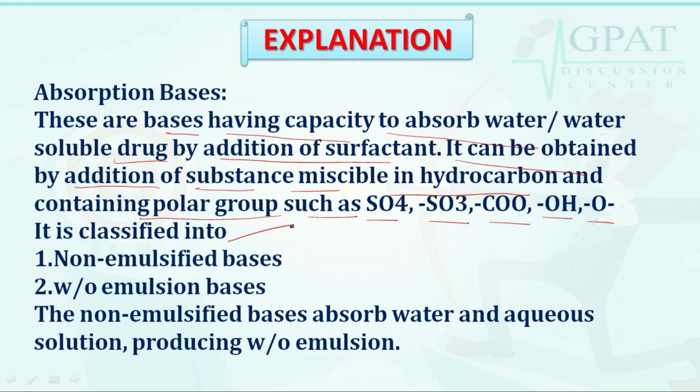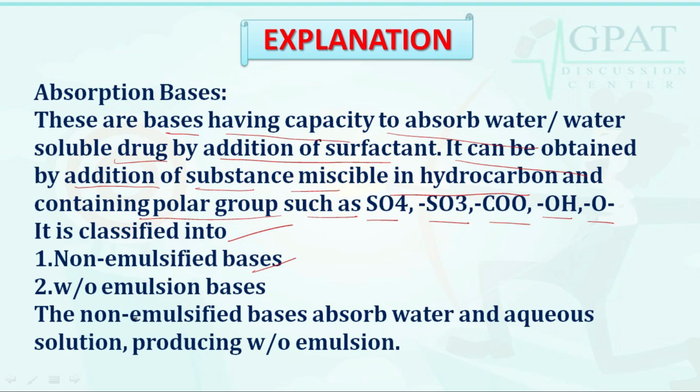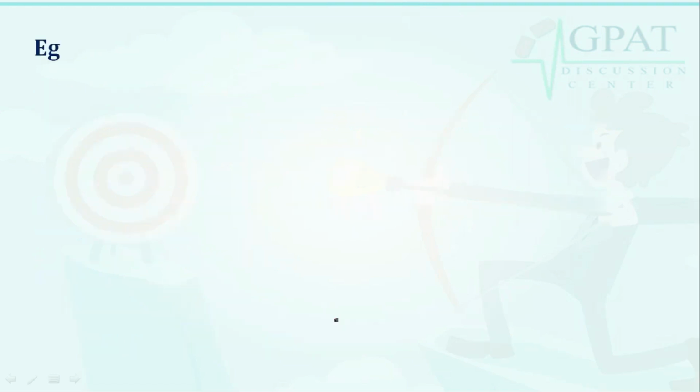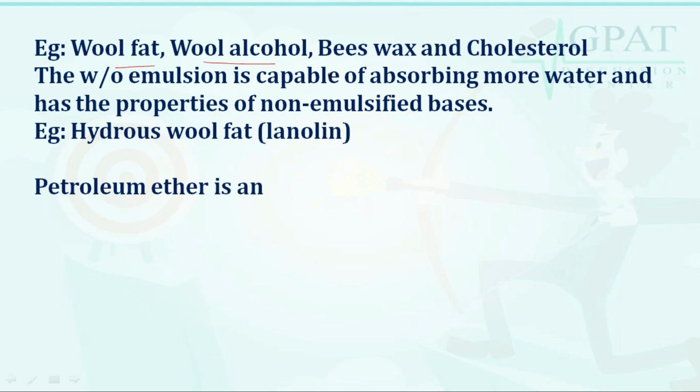So it is classified into two: non-emulsified bases and water in oil emulsion bases. The non-emulsified bases absorb water and aqueous solution producing W/O emulsion. Coming to the examples, the examples are wool fat, wool alcohol, beeswax and cholesterol.